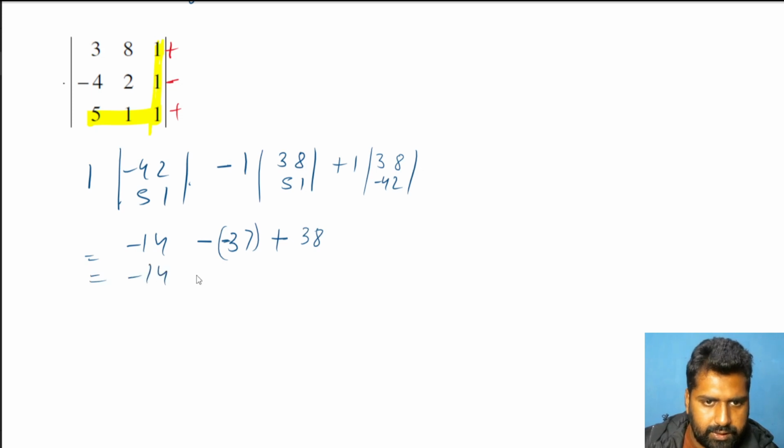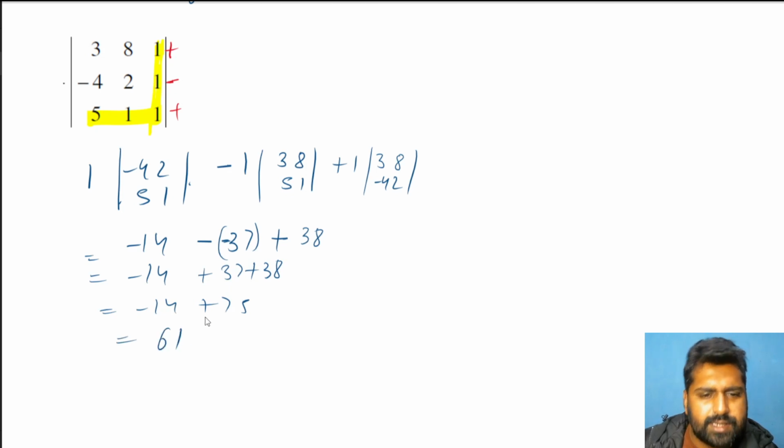So minus 14 plus 37 plus 38, that is 75 minus 14. Again we got 61 as the answer, which I told you, that no matter which row or which column you use to expand the determinant, it's pretty much the same.